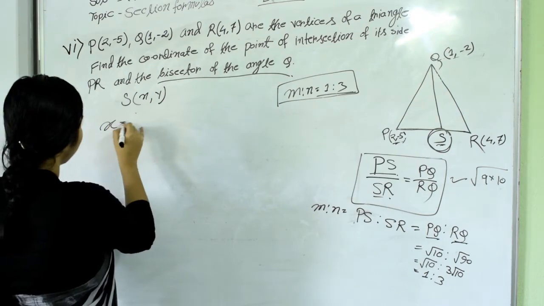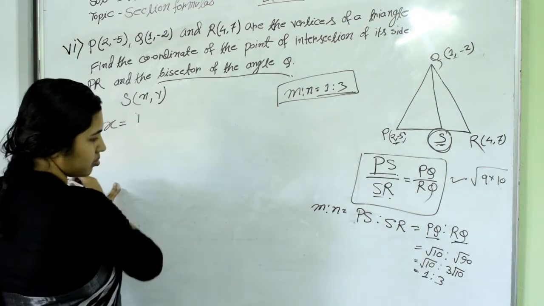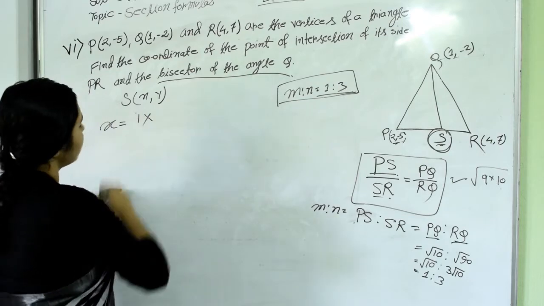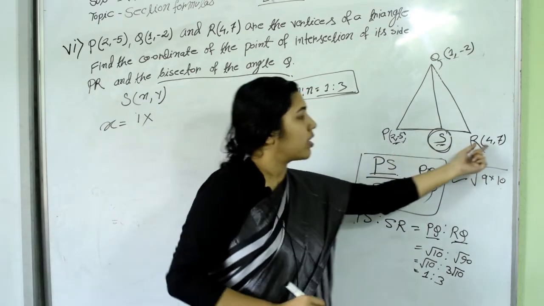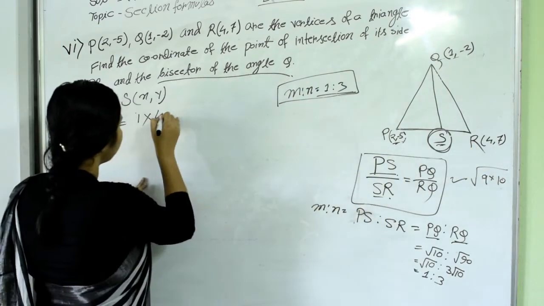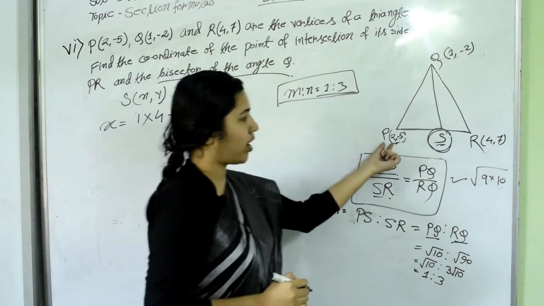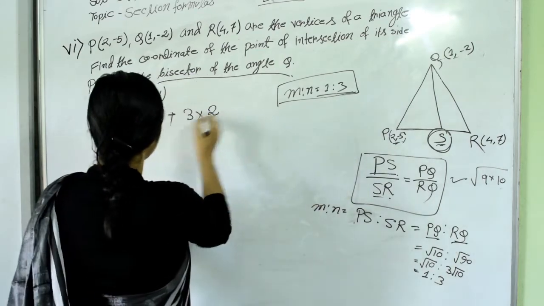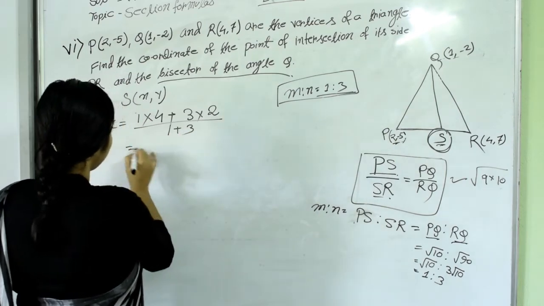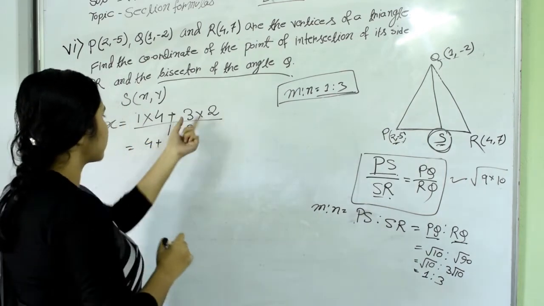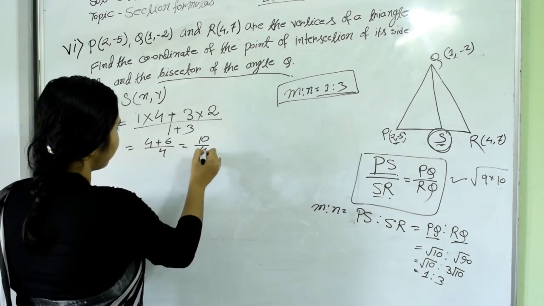Then the value of x is equals to again m into x2, which is 4, plus n into x1, which is 2, by m plus n. 4 ones are 4, plus 3 twos are 6, by 4. So 10 by 4.